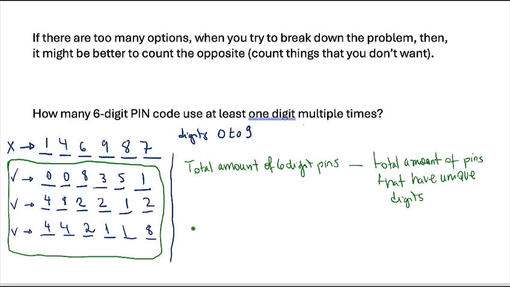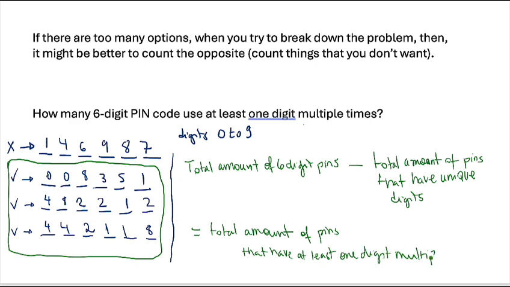This is actually equal to the total amount of what I want, which are pins that have at least one digit multiple times. Okay, so it's exactly this reasoning.